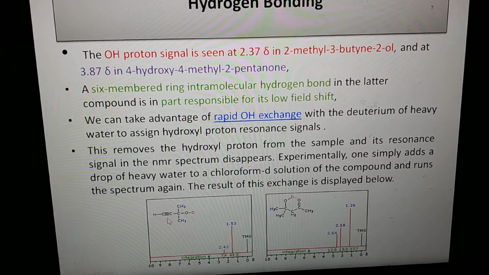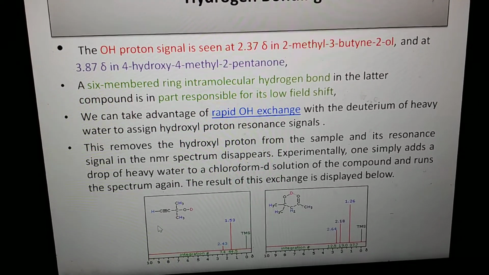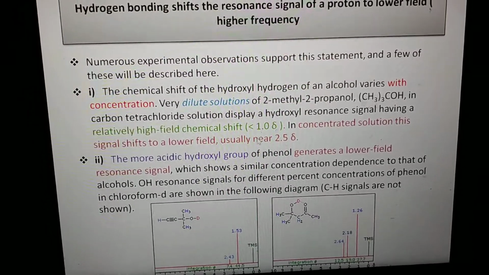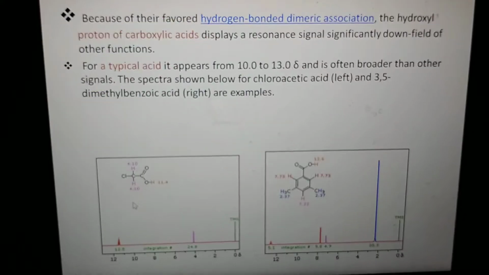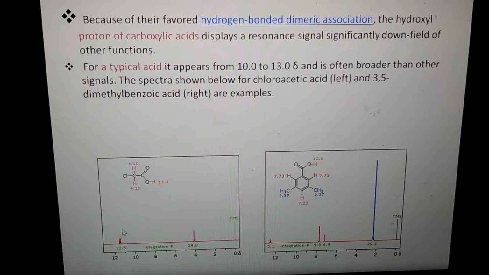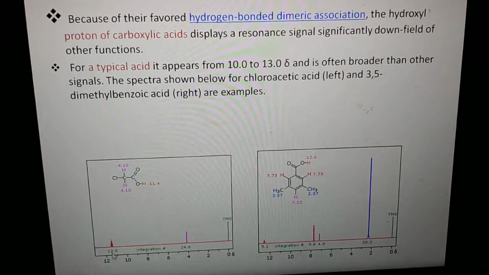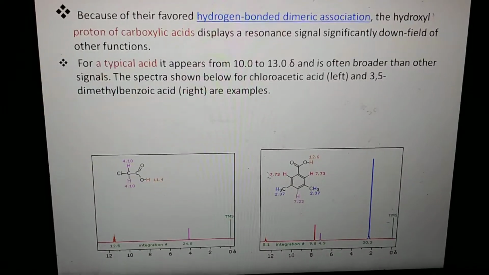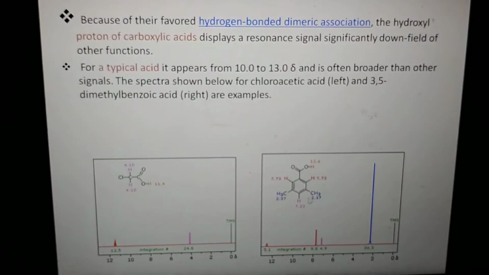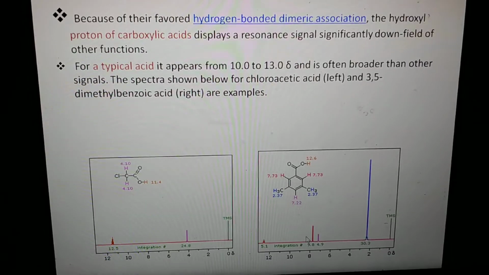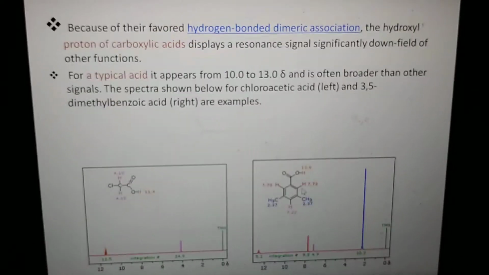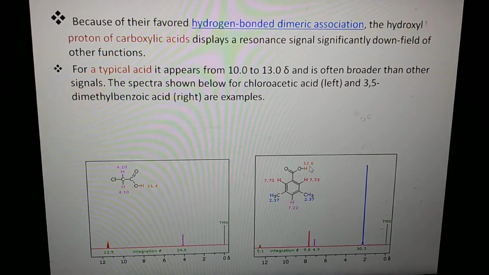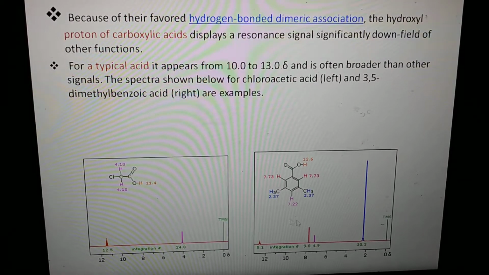While in the molecule where intramolecular hydrogen bonding is not present, it appears elsewhere. Here you can see the COH arises at 12.5, due to the chlorine effect, and in this typical molecule it will appear at something like 9.8. So it will come at 12.6, but in this it will come in the 9.8 region.